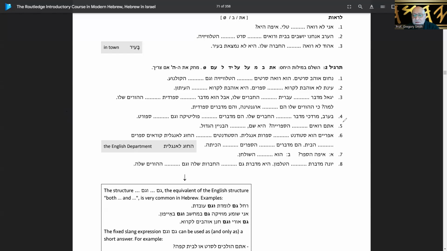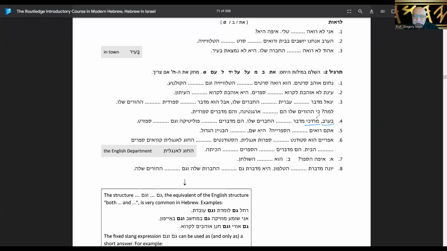By the time we get down through here, I think I'll have quite a bit of practice on this. Okay, so number 4, Be'erev, so in the evening. Now this is a proper name. Merdeki? I wonder what that is.